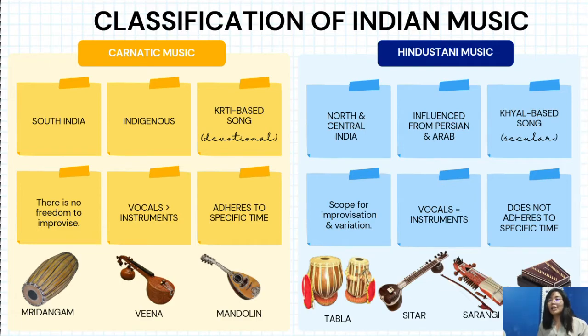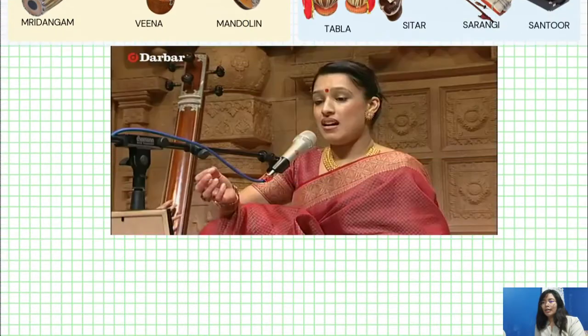So, ibig sabihin, pwedeng gamitin sa Carnatic music, pwedeng gamitin sa Hindustani music. So, kung napansin nyo, merong violin na ginagamit. So, ma'am, bakit po merong violin? Kasi, yung ibang parte din naman ng pop culture na-adapt na din ng Indians. Okay?